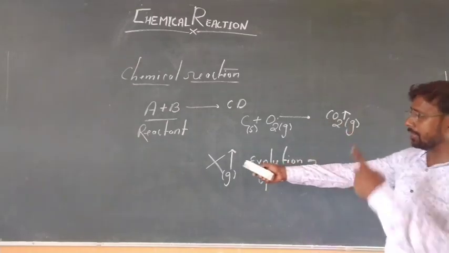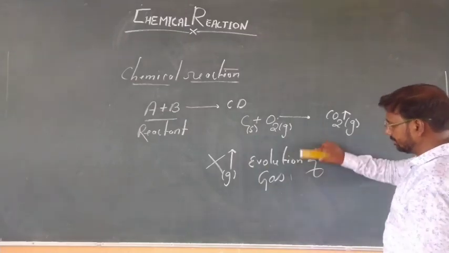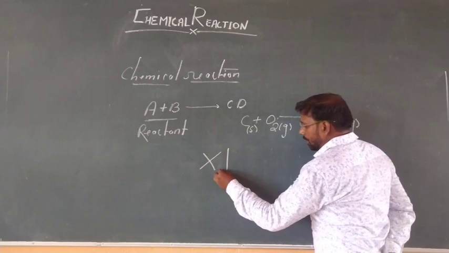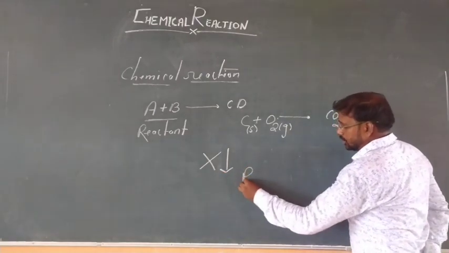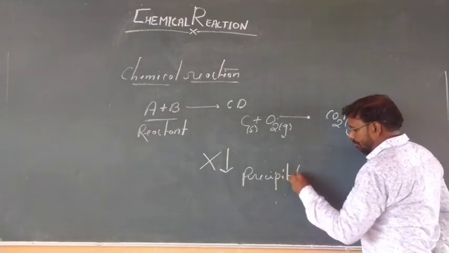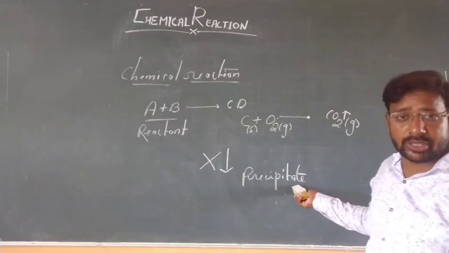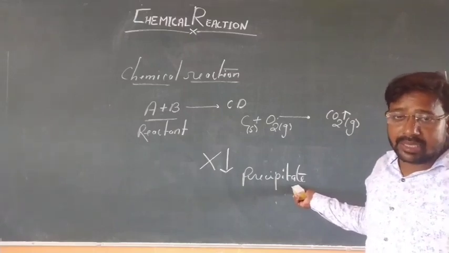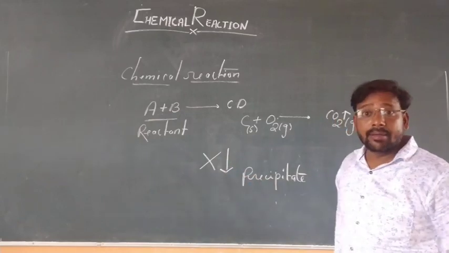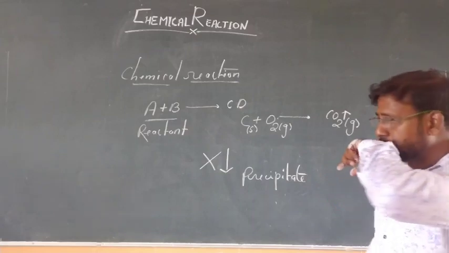So the upward arrow is evolution of gas. Similarly, a downward arrow means precipitate formation. Upward direction means evolution of gas, and downward arrow means formation of precipitate. And what is a precipitate, I will make you understand.